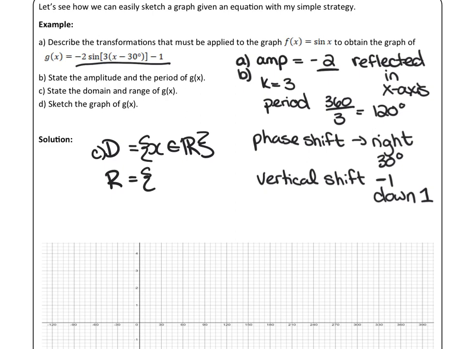So if we're down 1 at -1, the highest it's going to be is 1, and the lowest is going to be at -3. So we know that we have to have y between -3 and 1. And that gives us all the information we need to actually graph it.